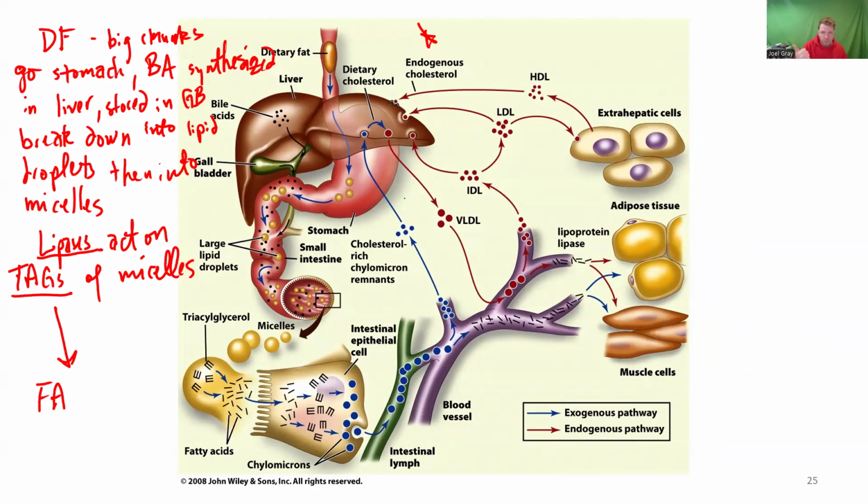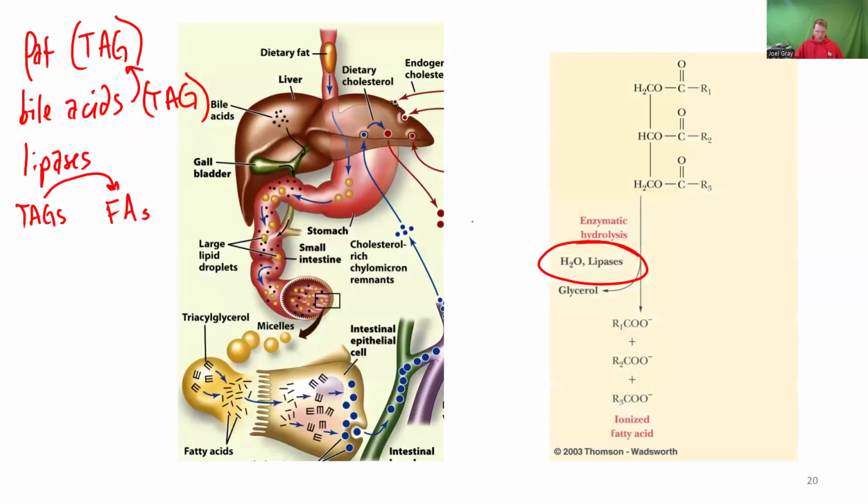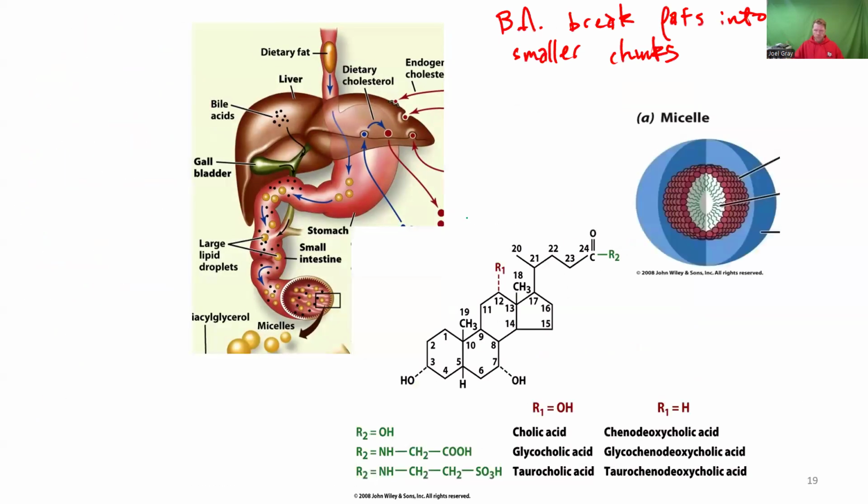The liver produces bile acids and bile salts, but the gallbladder is where those bile acids slash bile salts are stored. Whenever that dietary fat hits the stomach, it gets broken down with the help of these cholesterol-based bile acids.